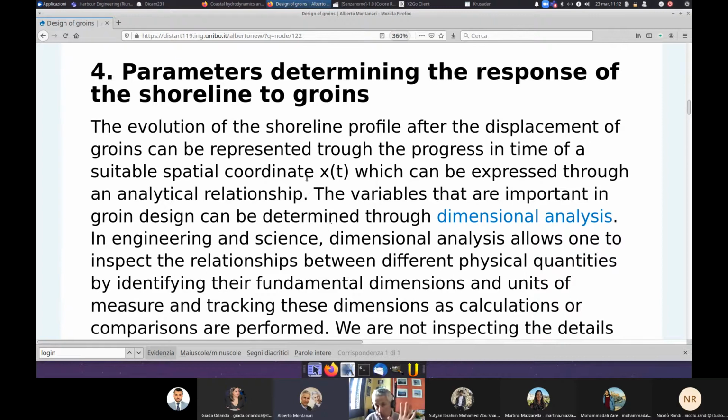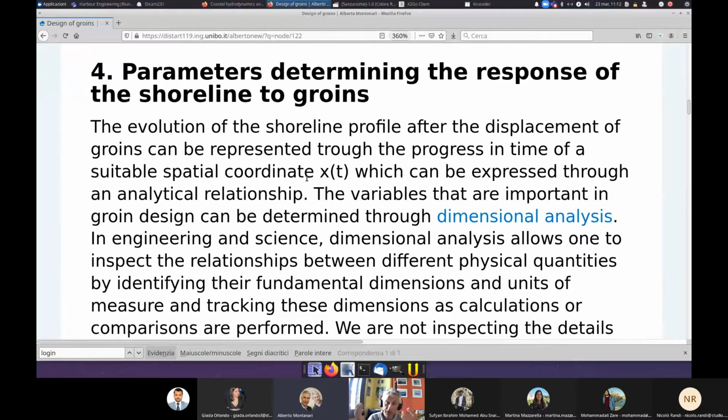I just want you to know that there are some analytical processes that may bring us to describe the process in terms of position of the new coastline, depending on dimensionless numbers, through a dimensional analysis.